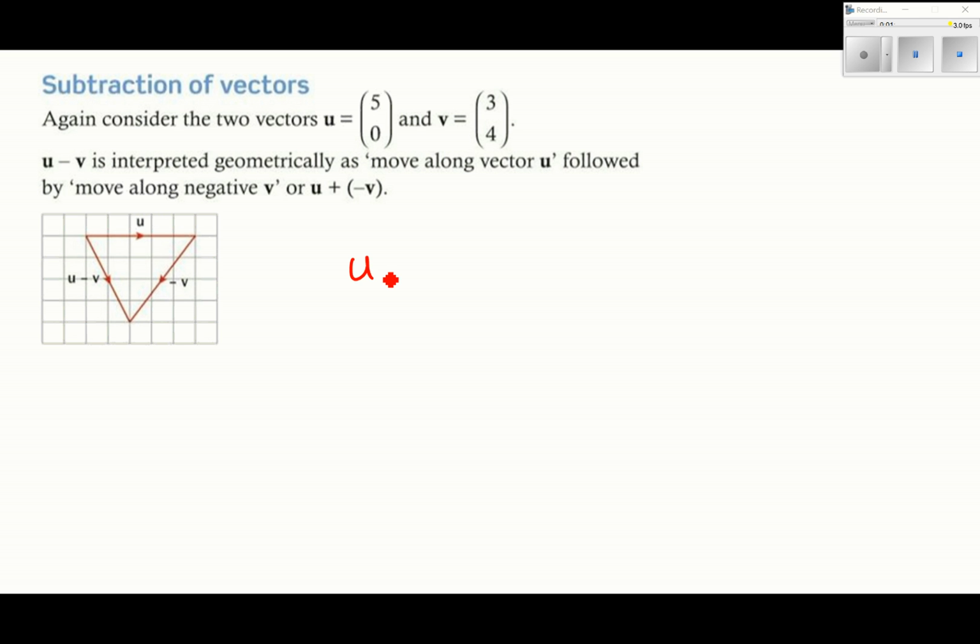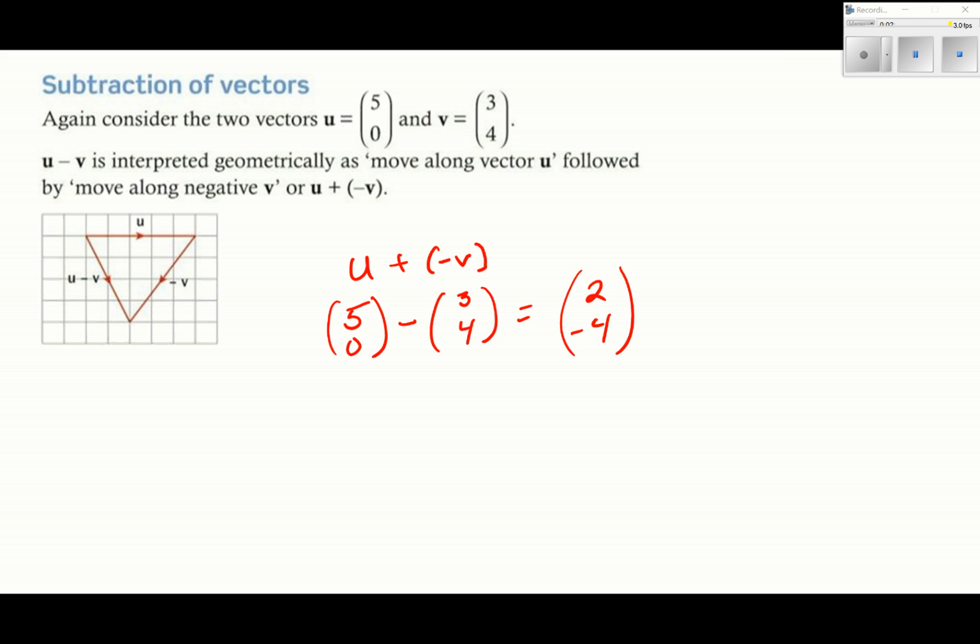If we were to write this out, u is (5, 0) plus the negative of v, or you could simply say subtraction of my vector v, which is (3, 4). So (2, -4) would be my resultant vector after subtracting these two vectors.